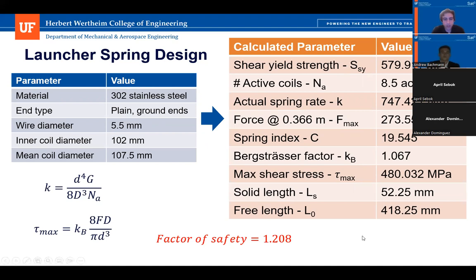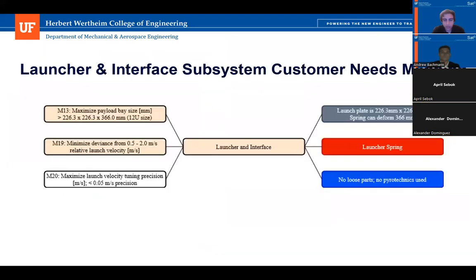It can be seen that the shear yield strength of the 302 stainless wire at 5.5 millimeter diameter and the shear stress of the spring at maximum compression resulted in a final factor of safety in the spring against yielding of 1.208. Next slide, please.